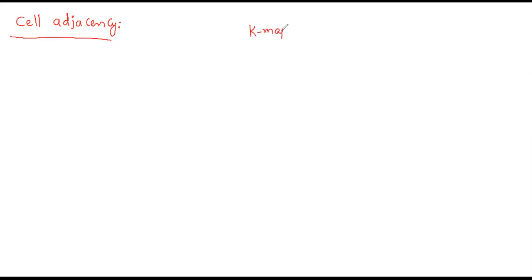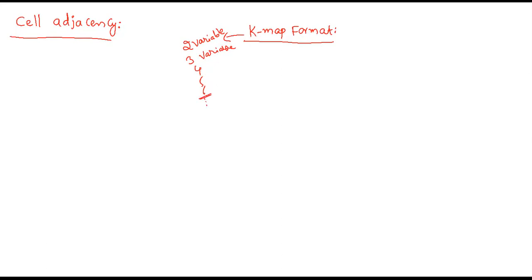We have the K-maps: 2 variable K-map, 3 variable K-map, 4, 5, 6, and so on. In our syllabus we have up to 6 variable K-map.